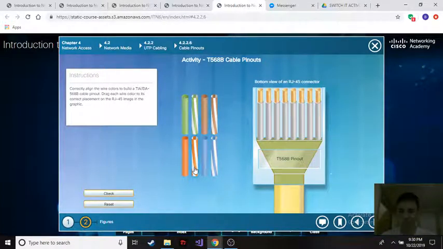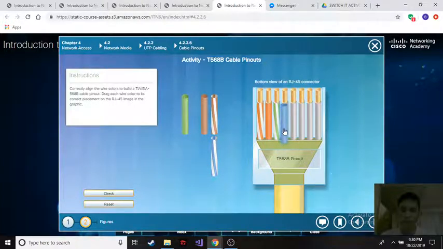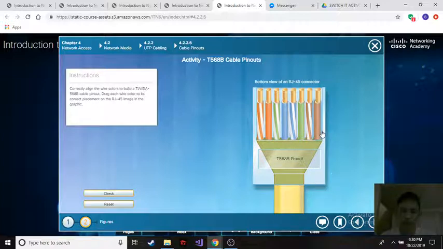The first is orange stripe, then orange, and then green stripe, then blue, then blue stripe, and green, then brown stripe, and then brown.